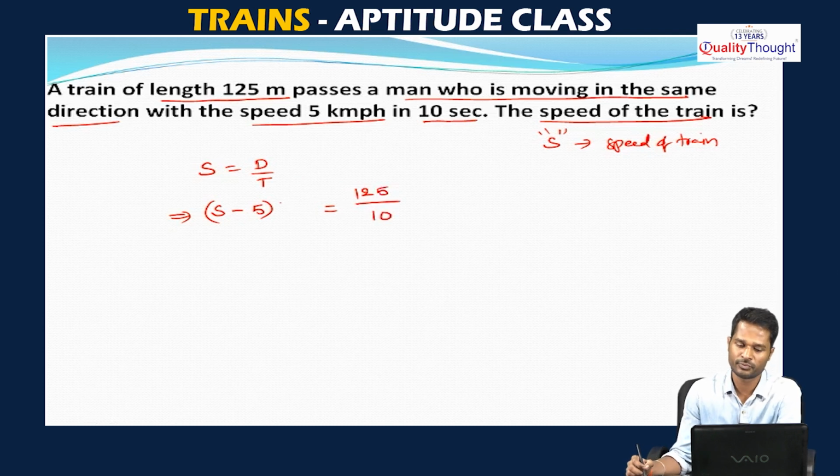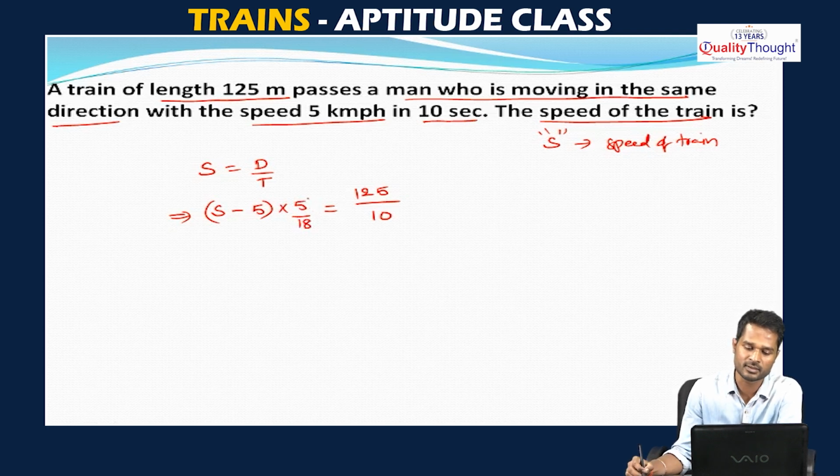So S minus 5, as per relative speed, the value should be subtracted, and we need to convert this speed into meters per second, which is multiplied by 5 by 18.